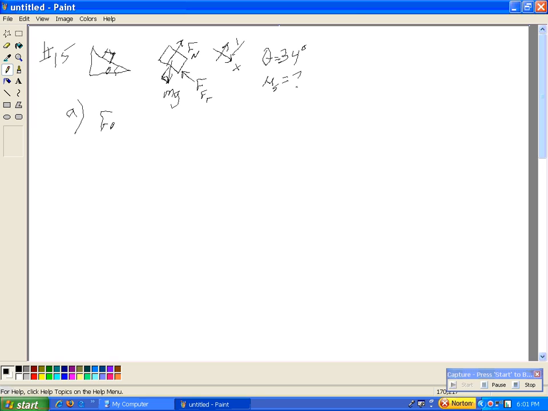Fr. We want the force of friction to be equal to the force of gravity in the x direction.